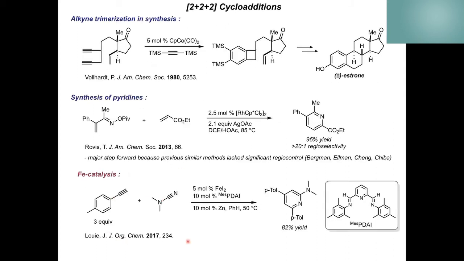And then another example I just want to highlight, utilizing iron as the metal pre-catalyst for a 2+2+2 making pyridines, comes from the Louis group at University of Utah, which actually uses nitriles as a pi component, which is a really nice utilization of that type of functionality. And so we're able to access some really nice pyridine scaffolds using this.